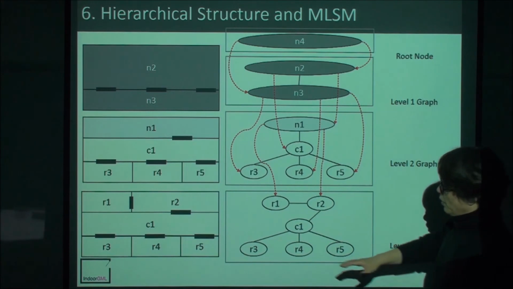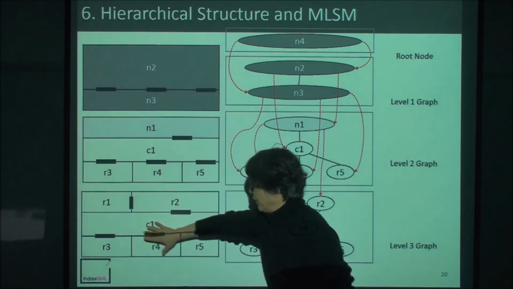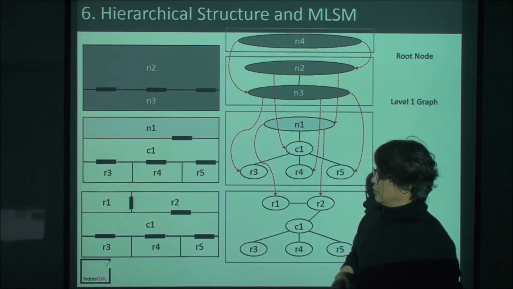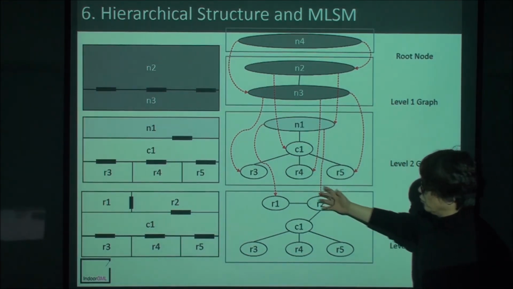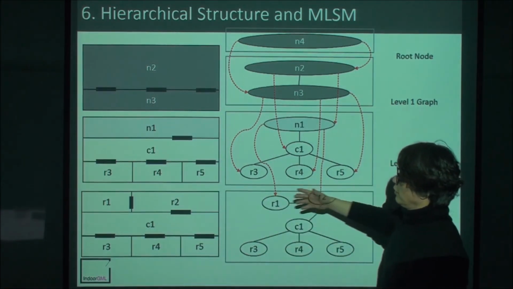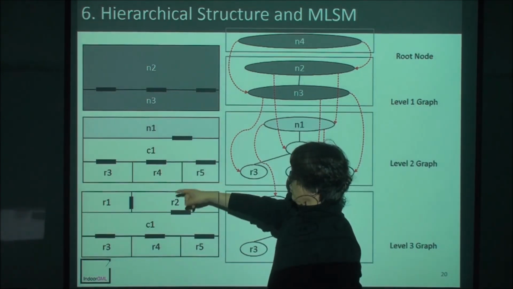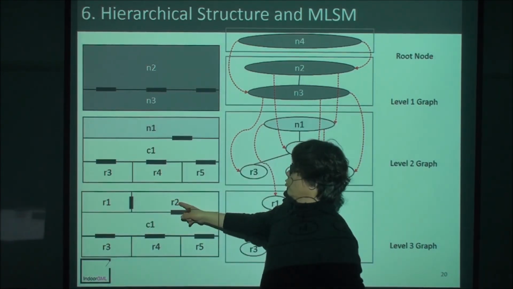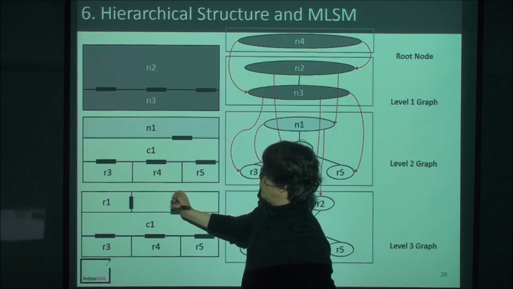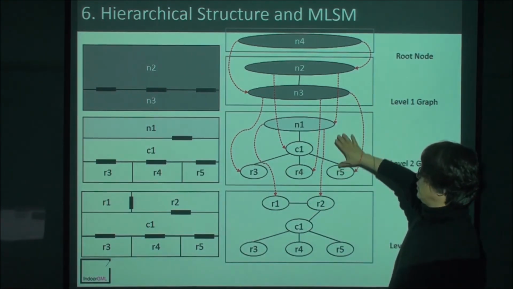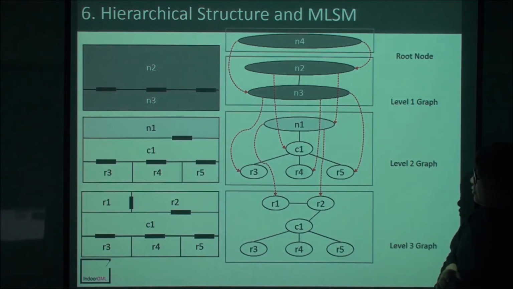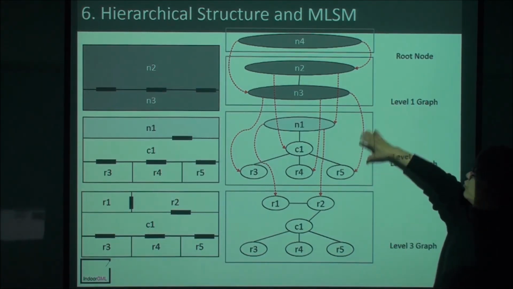For example, if you are given a very detailed partitioning of indoor space, then we have one single space layer, and then if R1 and R2 are merged into one single node N1, we can make another space layer and so on.